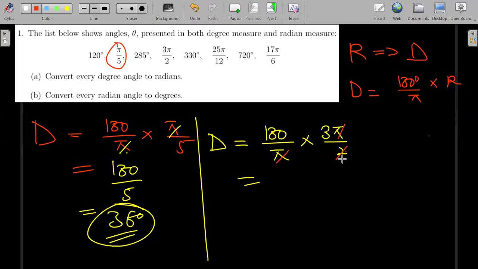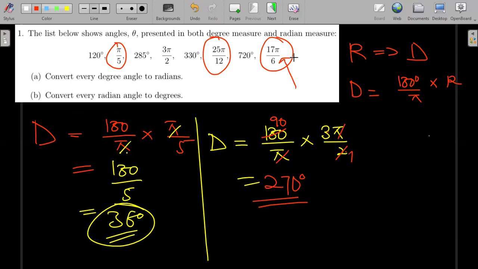I can cancel the 2 into 180, which is 90. So 90 times 3 gives me the 270 that I mentioned earlier. So it's the same thing. I can leave the next one for your exercise. When you convert it, make sure to inbox me so that I can guide you if you've gone wrong.